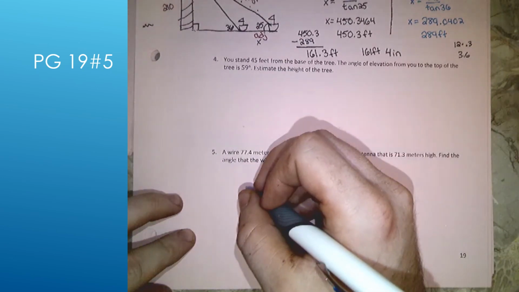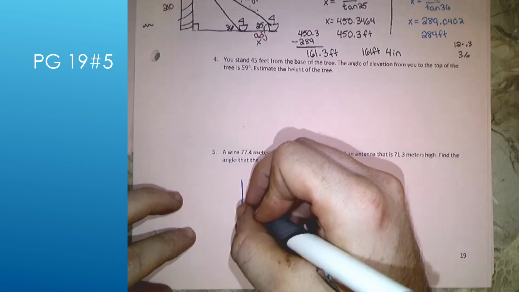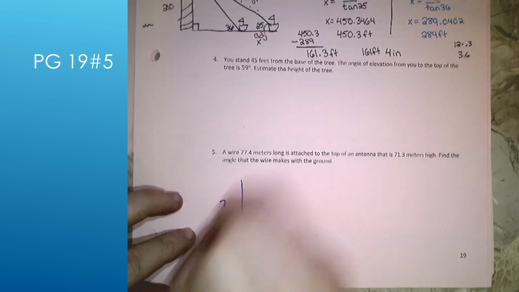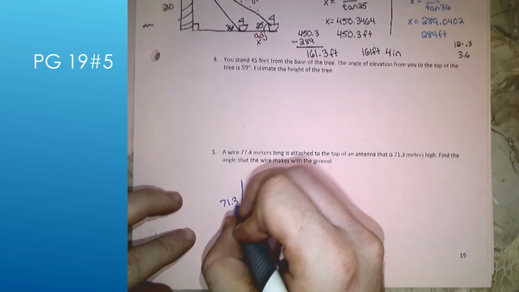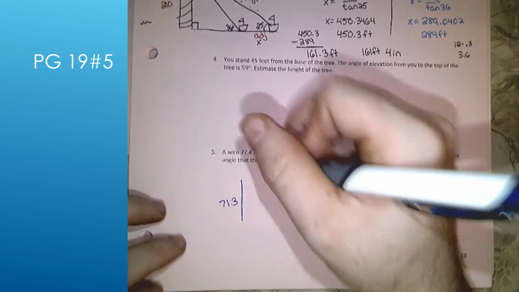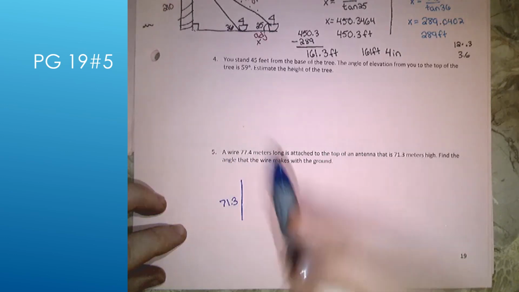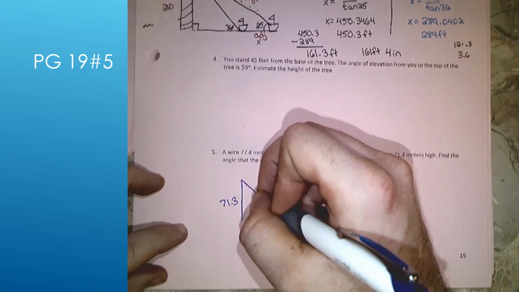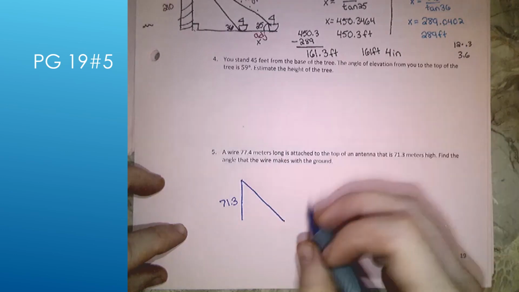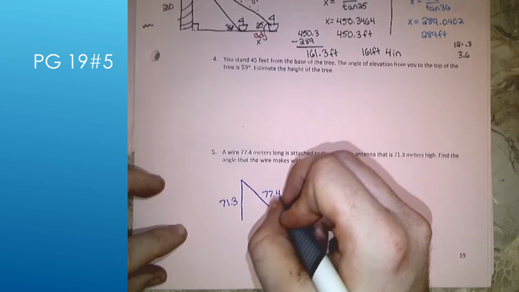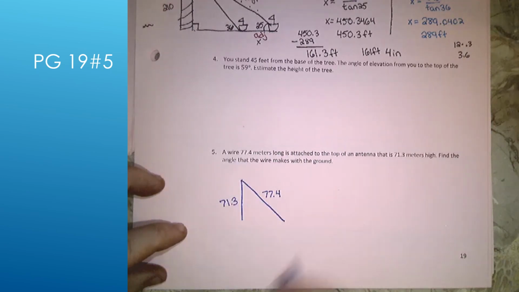Let's draw it out. So, I have a wire that's attached to this antenna that is 71.3 meters high. Now, the wire is attached to the top of it. It's attached to the top and going down. So that means that this 77.4 is going to be the hypotenuse.